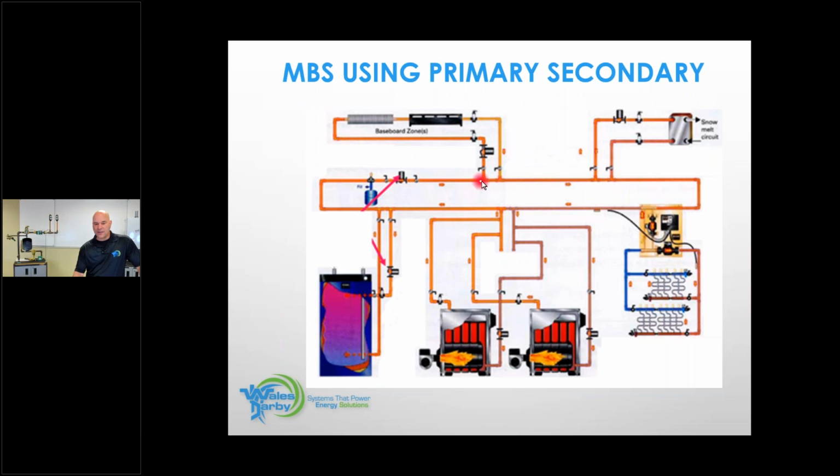Again, primary, secondary connections. By taking BTU off here, and here, we will get some cascading of temperatures. So this whole hot loop would have to be sized properly to carry the full BTU load of both of these boilers. We will continue down, and we have another primary, secondary connection going to a snow melt system.